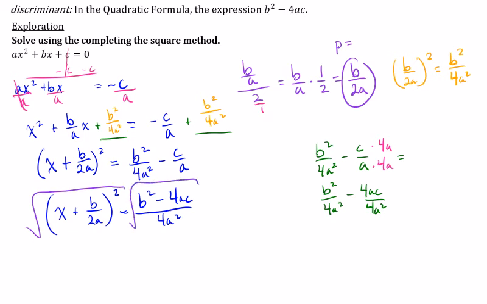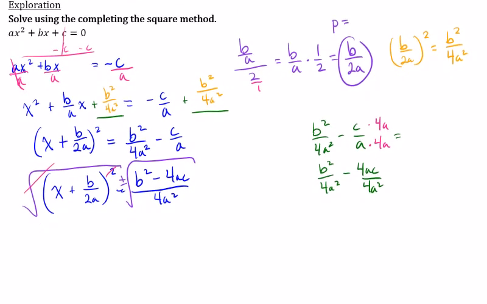right? And then I put a plus or minus here, square root property. Square root cancels out a square. So we end up with x plus b over 2a equals plus or minus, and then we get all this stuff right here, right? Now this top is not a perfect square, so I can't do anything with it, but the bottom is a perfect square.